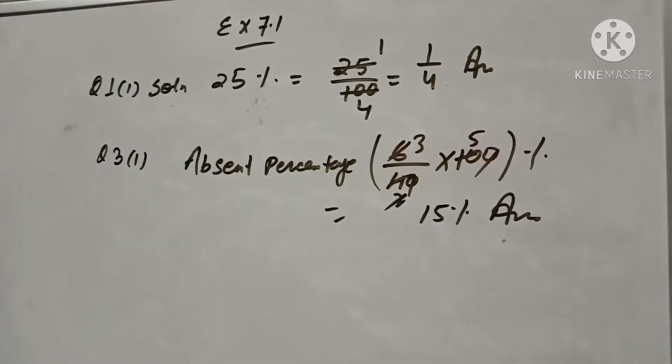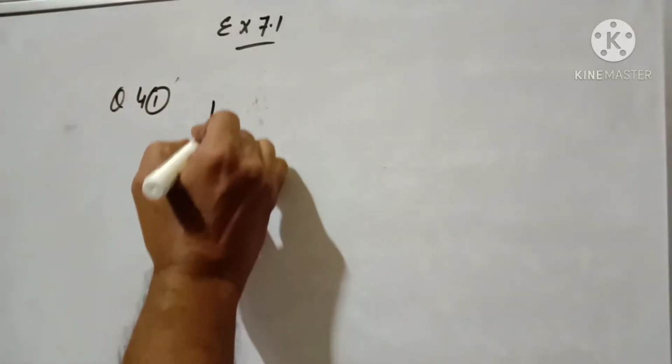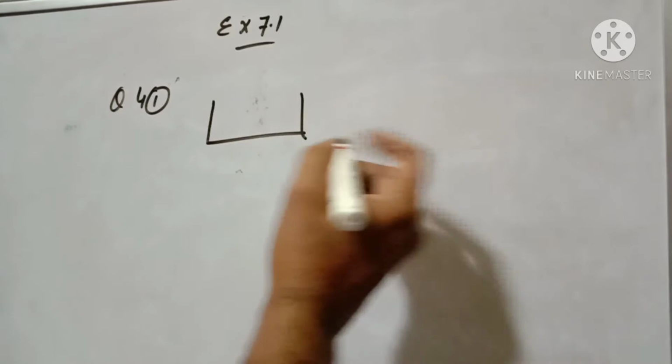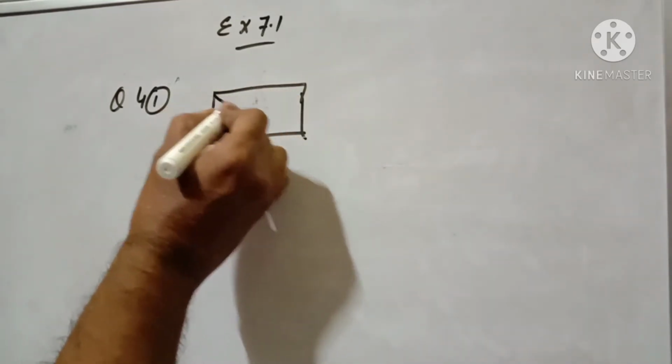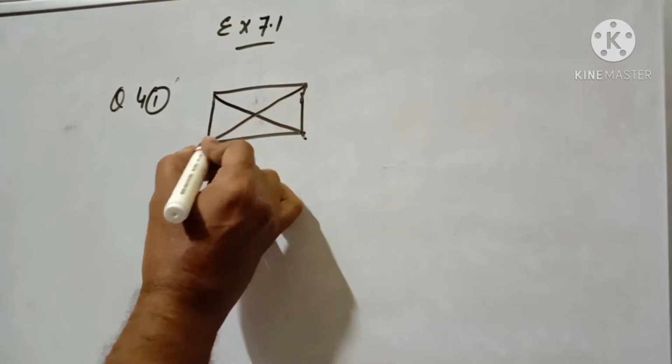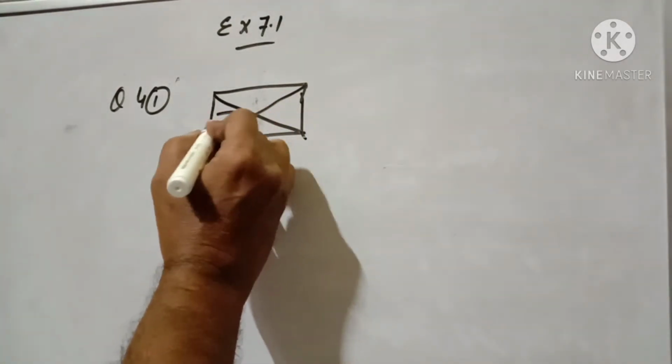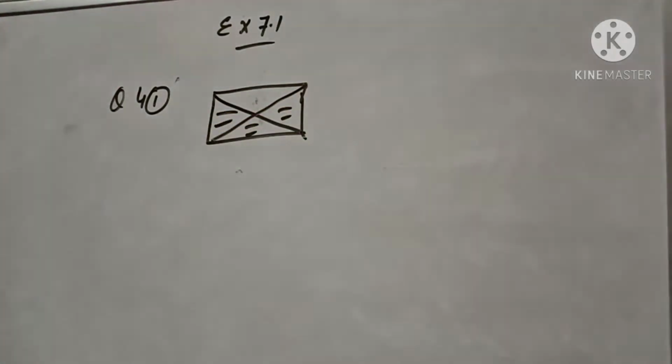Write it down please. Question number 4. See 4.1, I am discussing. A figure in the shape of a square is given, and part of it is shaded. Estimate the part of the figure which is shaded, and hence find the percentage of the part which is shaded.